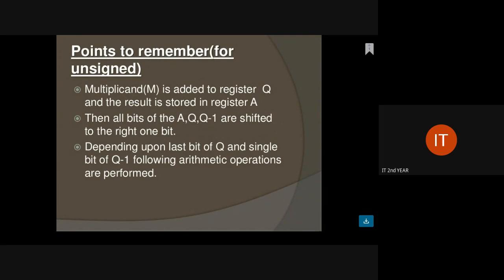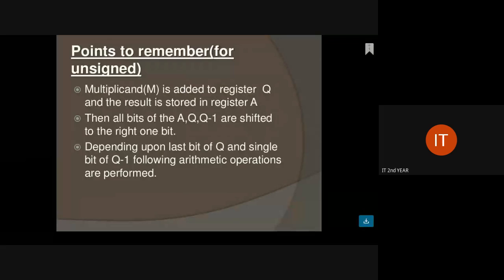Following that, we are in need of the multiplicand. We name the multiplicand m, and m is added to the register q, and the result is stored in the register a, the accumulator register. Then all the bits of a, q and q minus 1 are shifted to the right by one bit using the shift register.